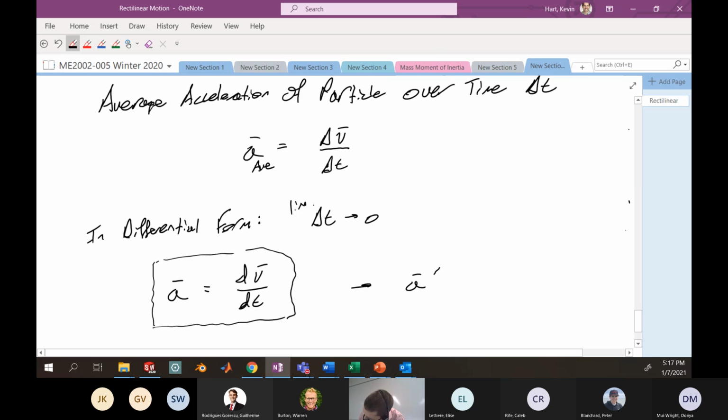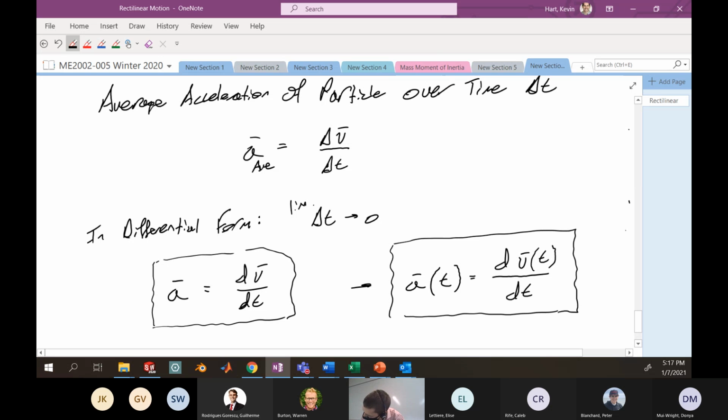Usually it's some function of time, so you might see it a little bit more precisely. But when you did constant acceleration equations in your physics class, it was not a function of time.